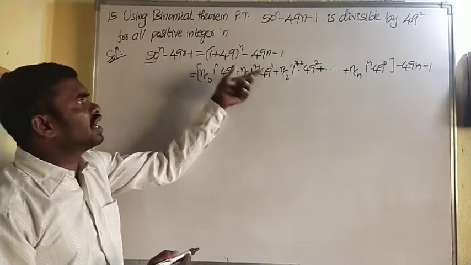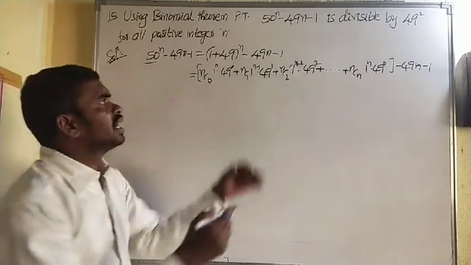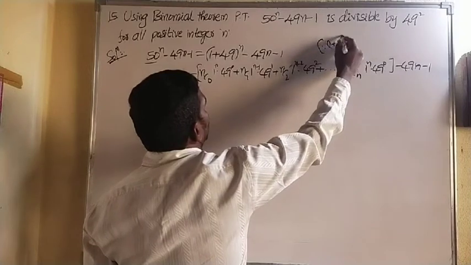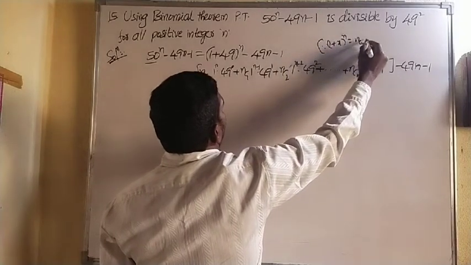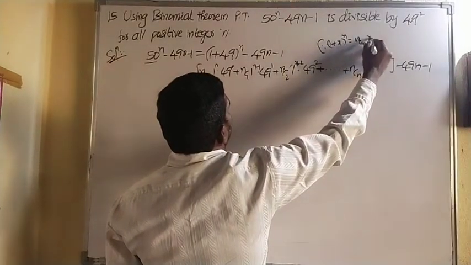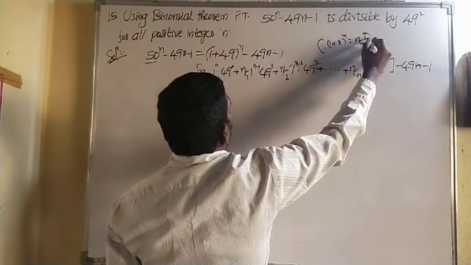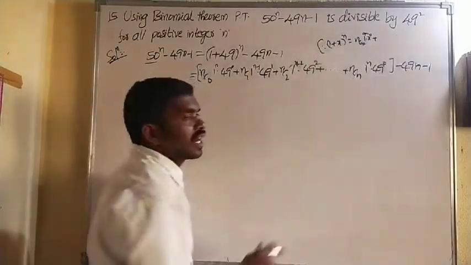So just apply the formula of 1 plus x whole power n, which is NC0 1 power n into x power 0 plus so on. Write it down if you want.